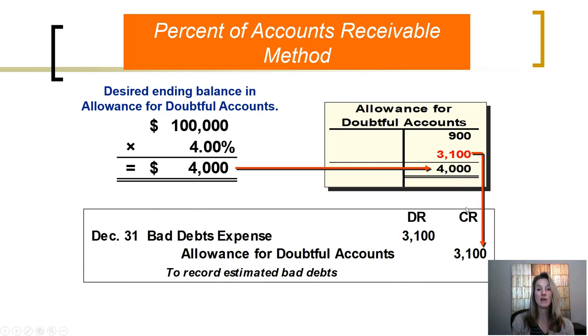That means ABC needs to debit bad debt expense for $3,100 and credit the allowance for doubtful accounts for $3,100. Thus, they estimate their bad debt expense to be $3,100. When that is recorded, it will bring the balance in the allowance for doubtful accounts up to its needed balance of $4,000.